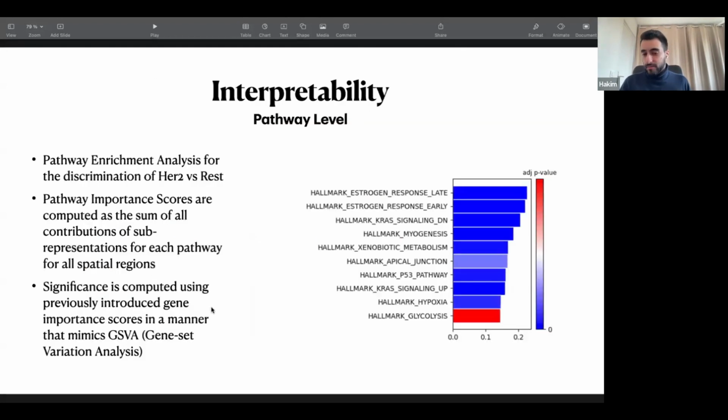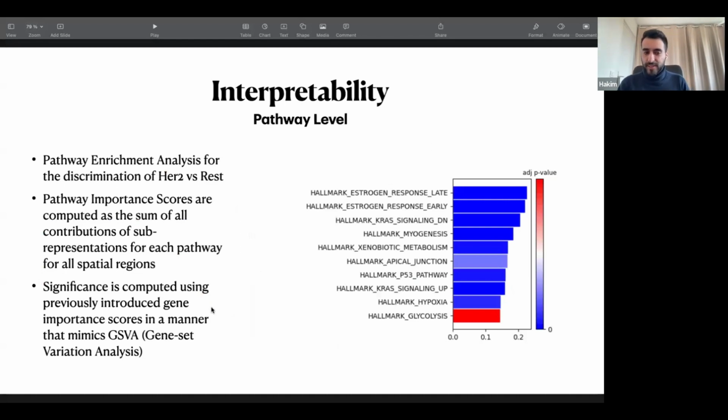We can start with the pathway level interpretability, where we perform some sort of gene set variation analysis that gives us the importance of each pathway for the model.